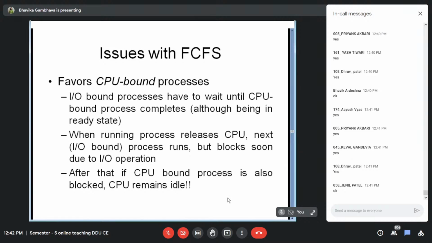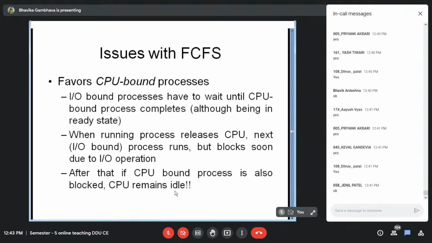The next process, which is CPU bound, is not given the resources, because currently we are going for only a non-preemptive algorithm. So the IO process executed on the CPU for a little time and is now blocked, but the next process, even though it only wants the CPU, will not be executed, and CPU utilization will suffer in this case.